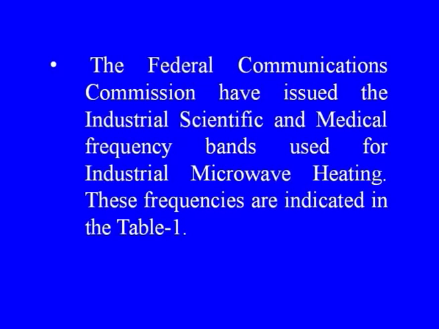However, the most common microwave frequency used for materials research is 2.45 gigahertz, as I have already indicated. The Federal Communications Commission has issued the industrial, scientific and medical frequency bands used for industrial microwave heating. These frequencies are indicated in this table.